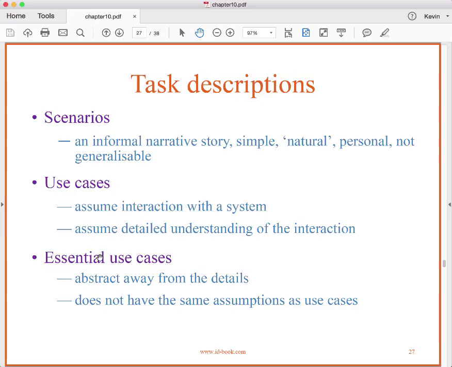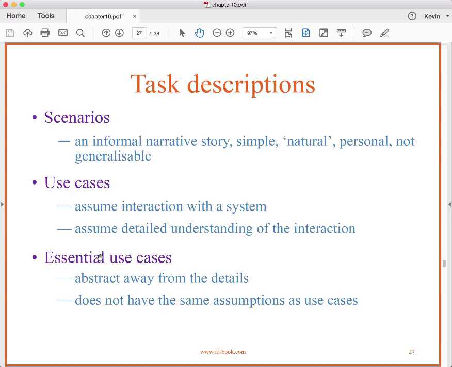They assume that what we're interested in describing is how the users interact with the system to get their job done, and they assume a detailed understanding of the interaction. So use cases are typically more extensive than scenarios, and they're more limited to just what's going on between the users of the system, which they call actors, and the system itself. And we'll see some details on use cases in a minute.